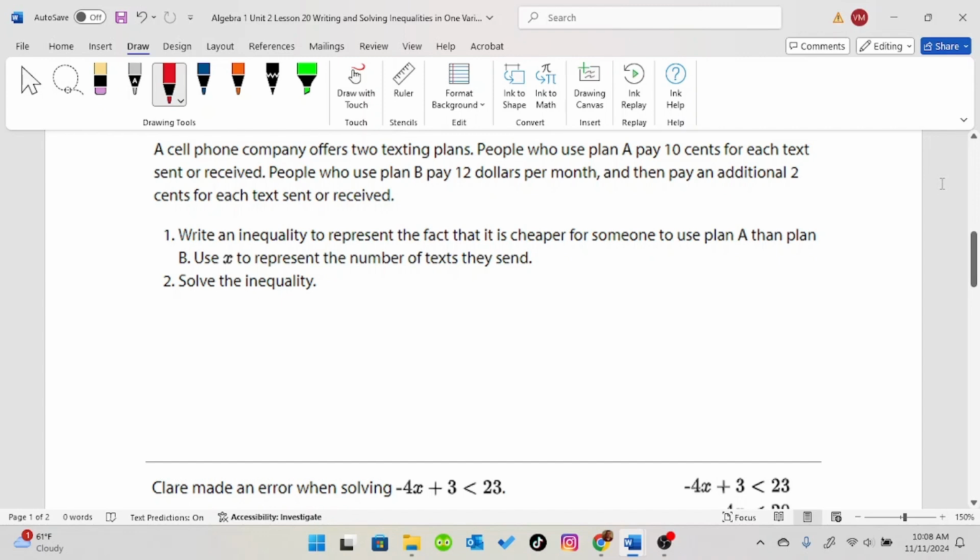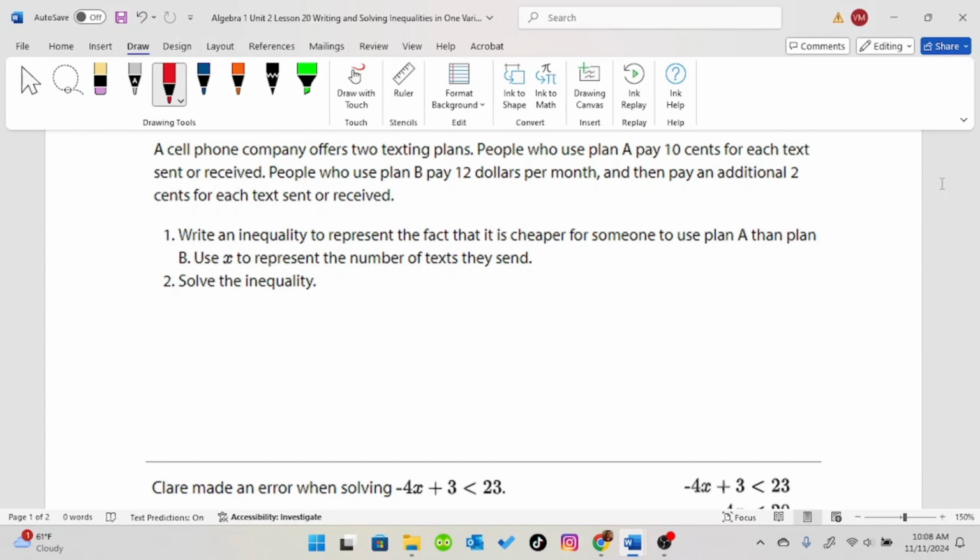Our next practice problem says a cell phone company offers 2 texting plans. People who use plan A pay 10 cents for each text sent or received.